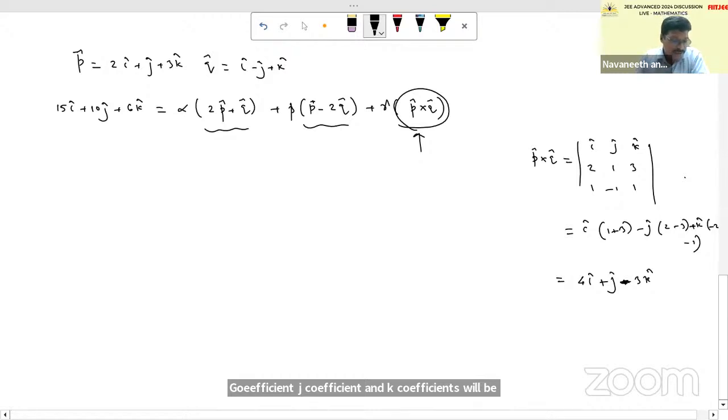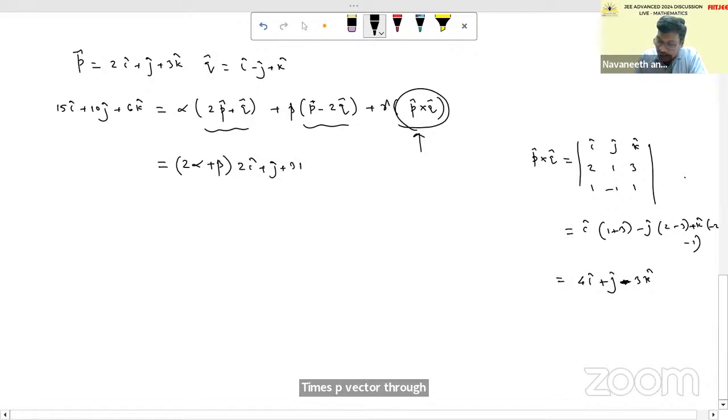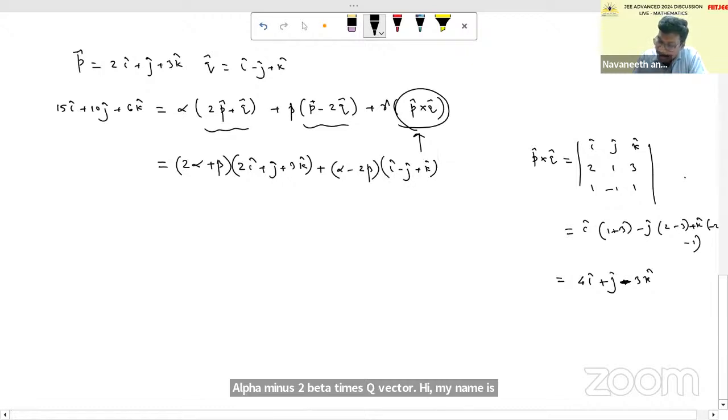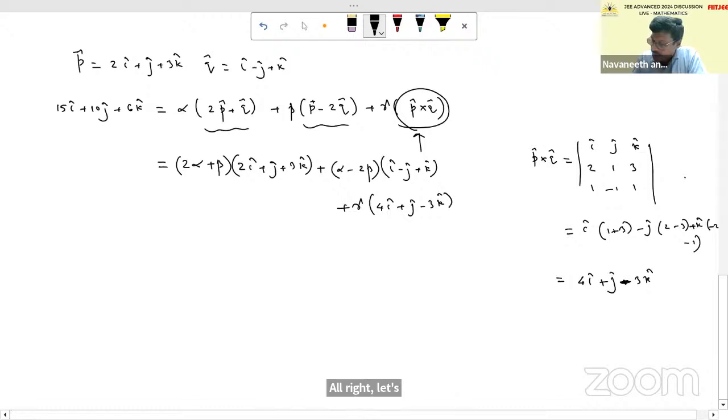So I get (2 alpha plus beta) times the P vector 2i plus j plus 3k, plus (alpha minus 2 beta) times the Q vector i minus j plus k, plus gamma times P cross Q, 4i plus j minus 3k, which we got just now.